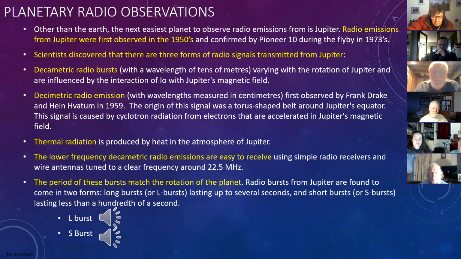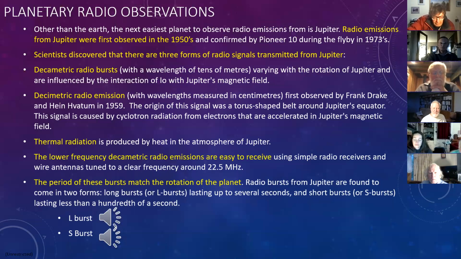And these radio bursts that you can hear come in two different types. L bursts, which are long emissions lasting a few seconds, or these short bursts called S bursts, which sounded very similar to the static popping that you heard on the VLF band a minute or two ago.